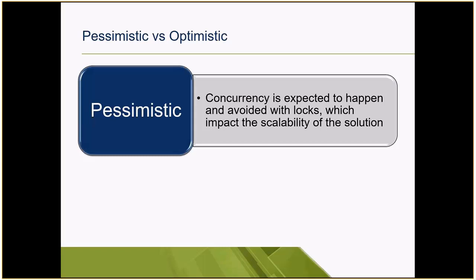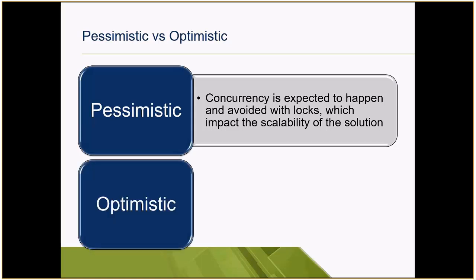We lock the records to avoid the concurrence. The locks affect the scalability of the solution. Our hardware, our solution will accept a smaller amount of concurrent access. And for a web environment, this is not good.